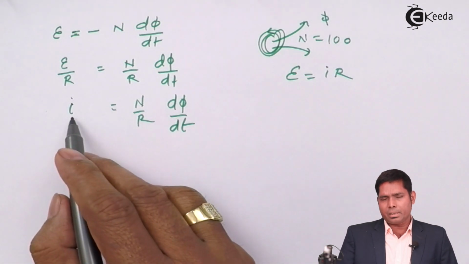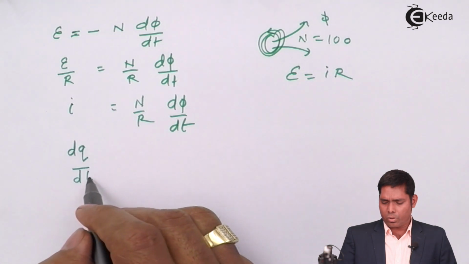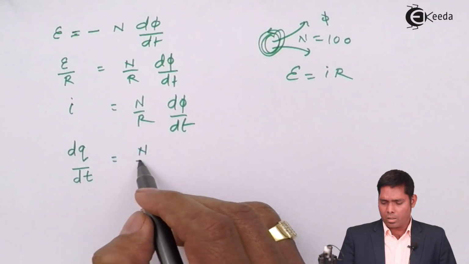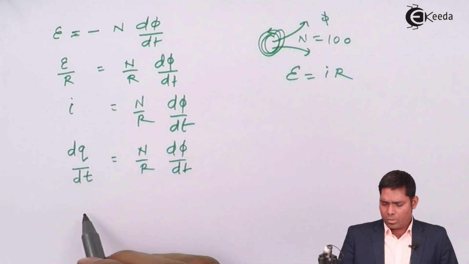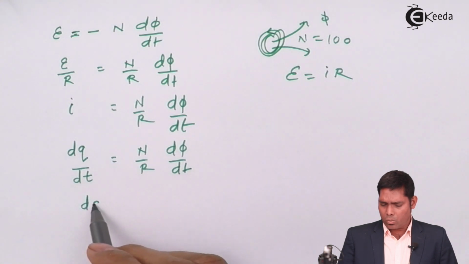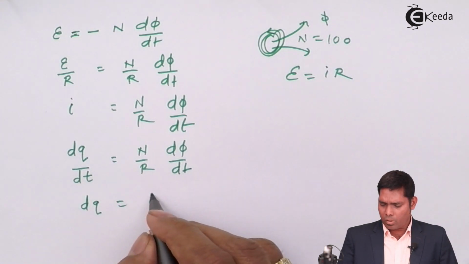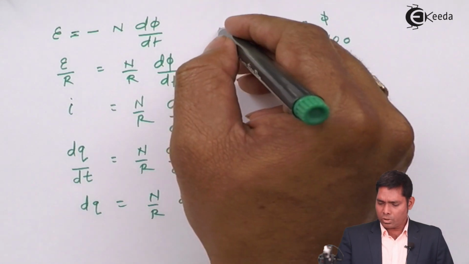The current is basically the flow of charge, so the instantaneous current dq over dt equals N over R d phi over dt. The dt will cancel out, and I'll write dq equals N over R d phi.